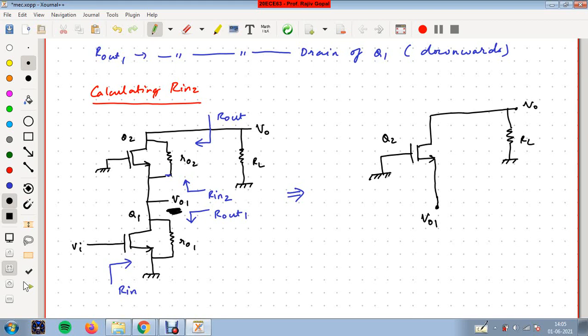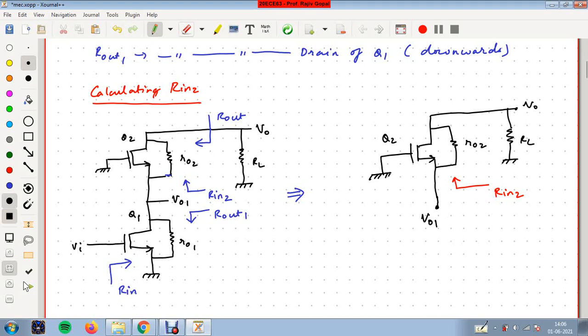V01 is the actual output voltage of Q1. Q1 is a common source amplifier, so the output of a common source amplifier is taken at the drain. So V01 here is the output voltage of Q1. Now the one which is asked, Rin2, is actually like this. And let us not forget ro2, the drain to source resistance.